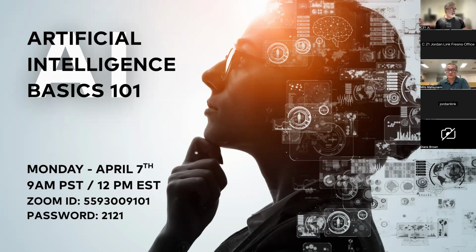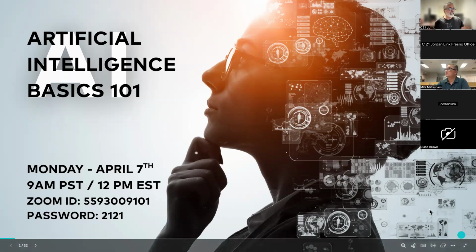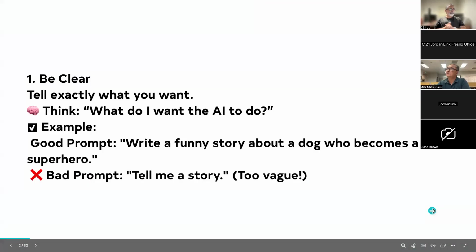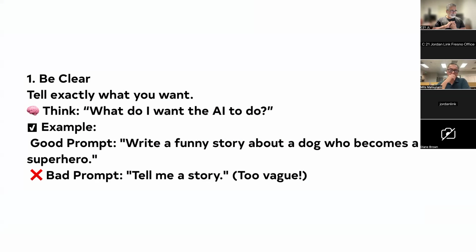So, artificial intelligence basics 101. To be clear, we have to know what we are asking AI to do. It is not just typing in, hey, write me a description for a property, or write me A, B, C, and D. You cannot do that.